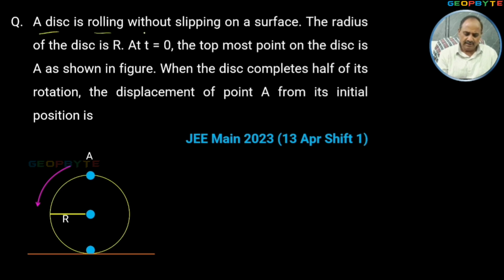A disk is rolling without slipping on a surface. The radius of the disk is given as r.